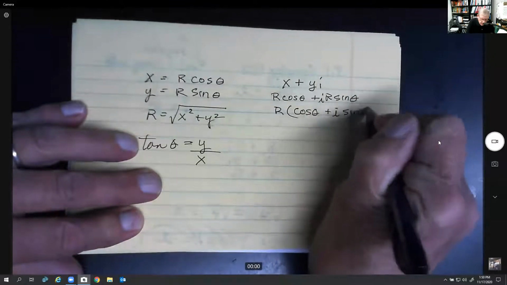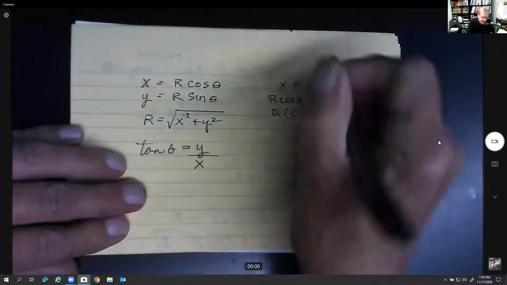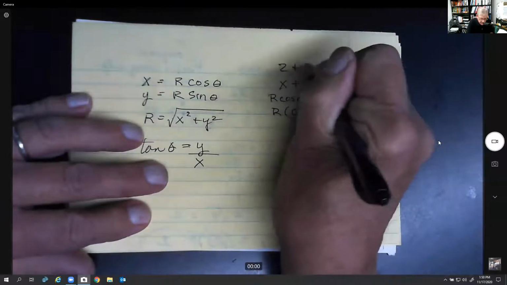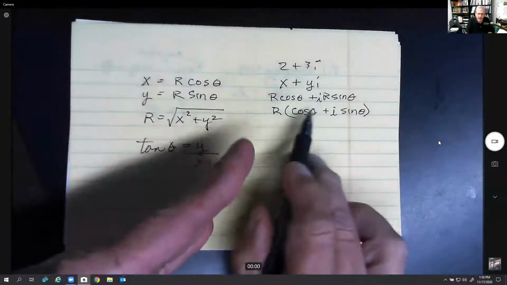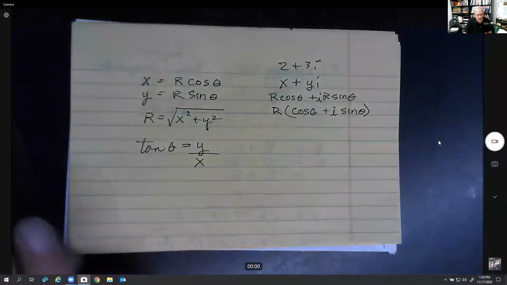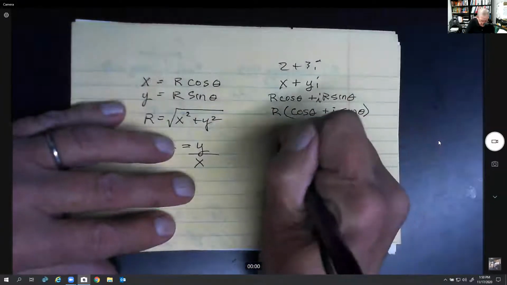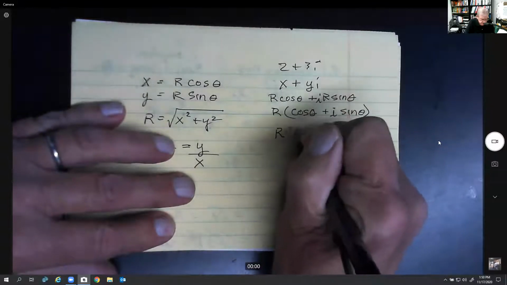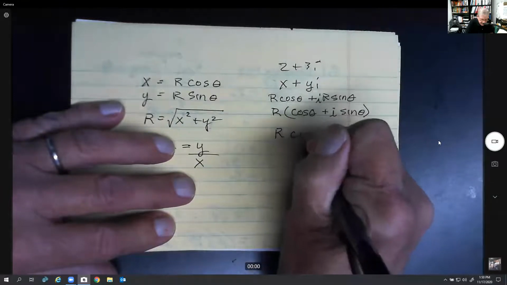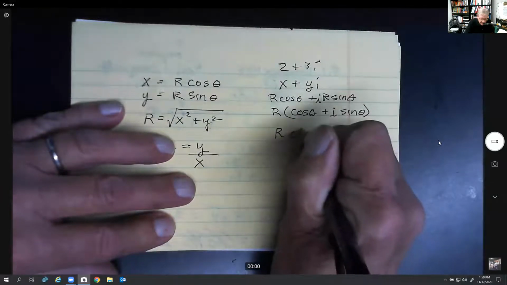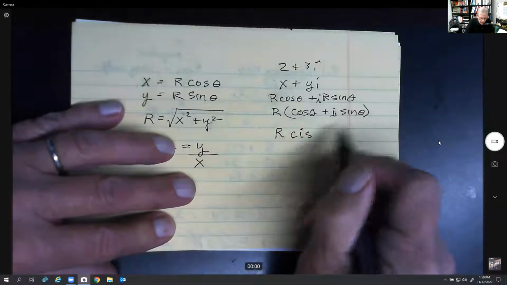So this is another way of writing something like 2 plus 3i. We could write it in this kind of thing. And sometimes we abbreviate this a little bit. We call this r cis: cosine, imaginary number, sine.